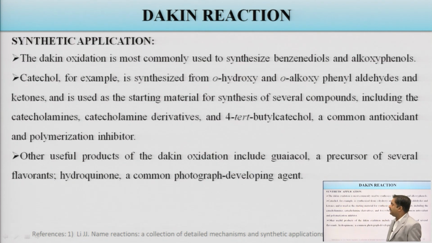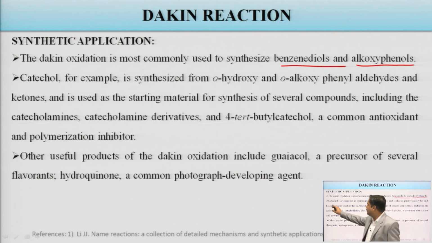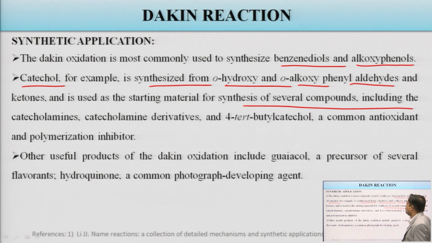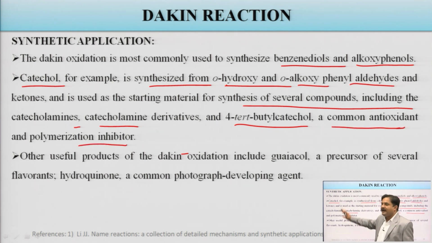So, now coming to the synthetic applications. Dakin oxidation is most commonly used to synthesize benzene diols and alkoxyphenols, very important. Catechol, as you know, is a benzene ring with 2 hydroxyl groups at ortho positions. For example, it is synthesized from ortho hydroxy or ortho alkoxyphenyl aldehyde and ketone. It is used as a starting material for the synthesis of several compounds including catecholamine derivatives and 4-tertiary-butylcatechol, a common antioxidant and polymerization inhibitor. So, catechol is a very important molecule, an example of a diol.